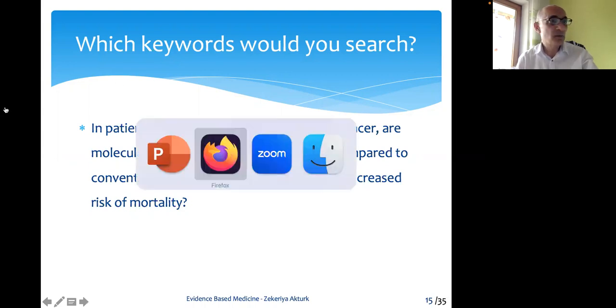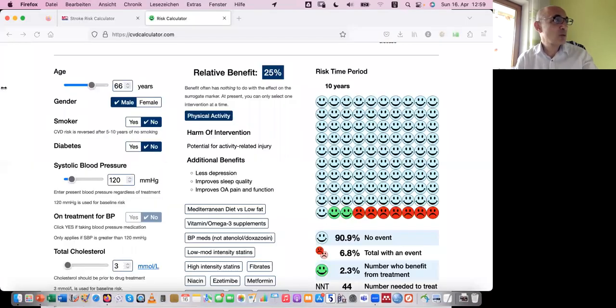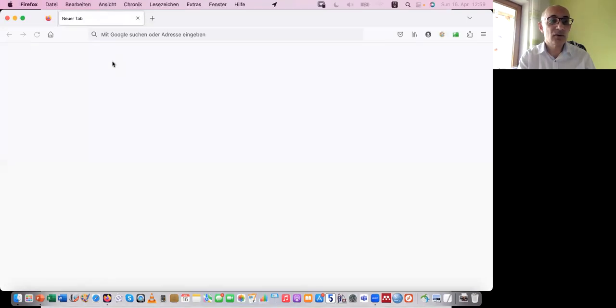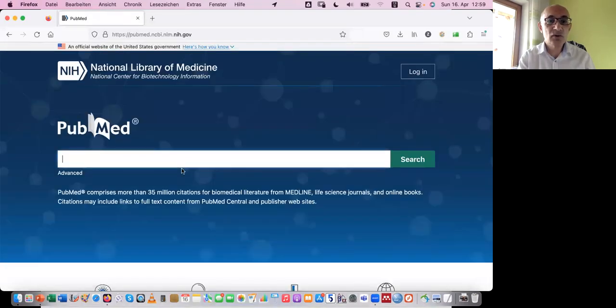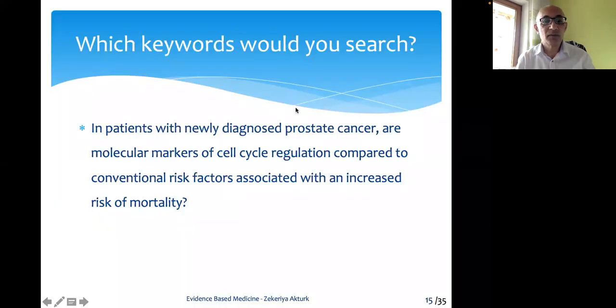Let me open PubMed while you are thinking about the keywords to use. Which keywords would you implement to make this search?